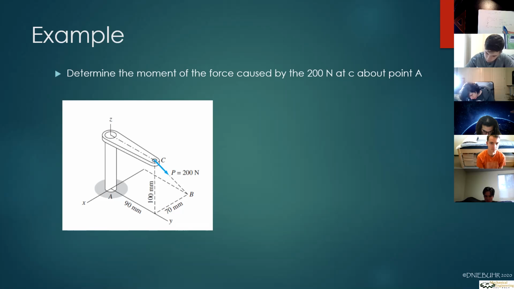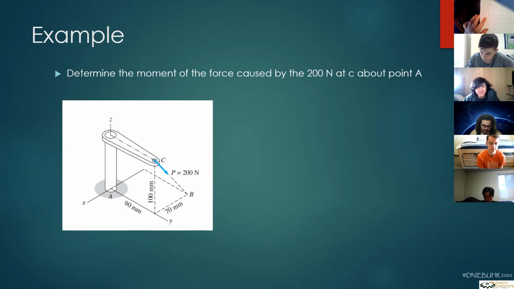So if I go ahead and multiply through, sorry, it's getting kind of messy, my F vector ends up being 200 times 70 over 122 I, and then minus 200 times negative 100 over 122 K. So that's my force vector. So this just simply equals negative 114.7 I plus 0 J minus 163.8 K.